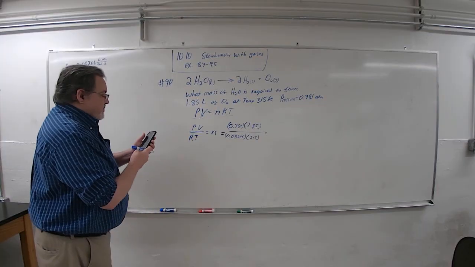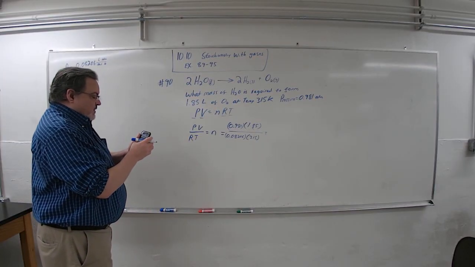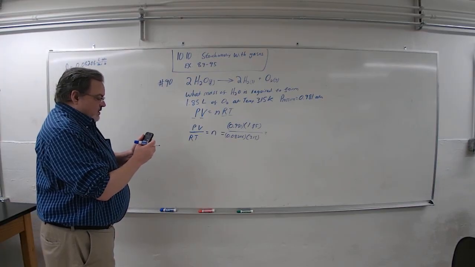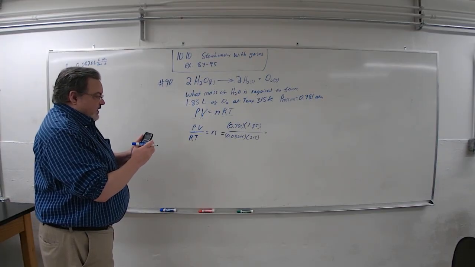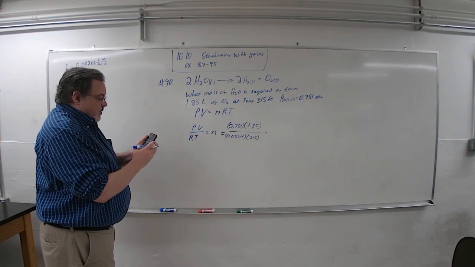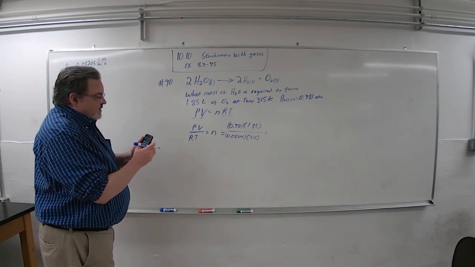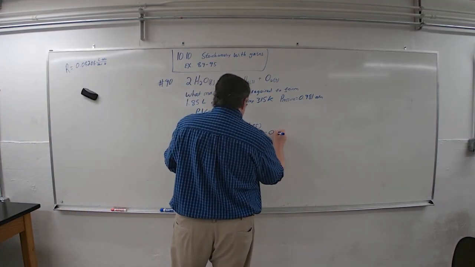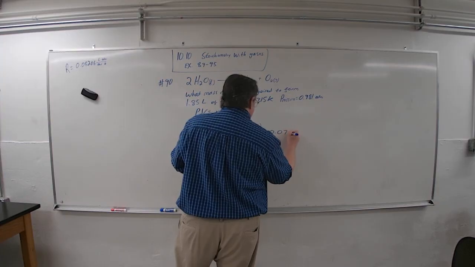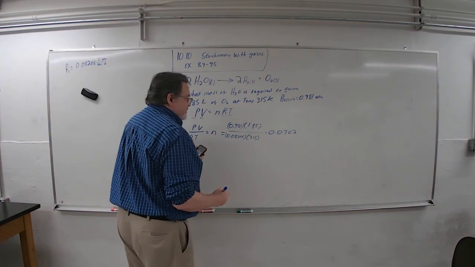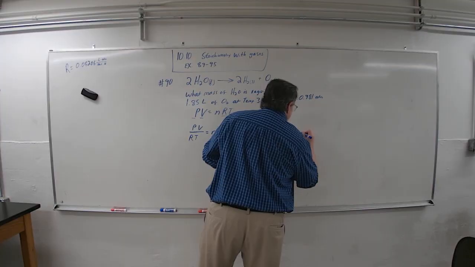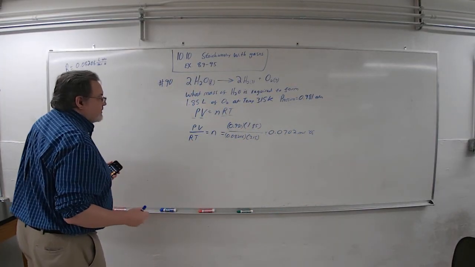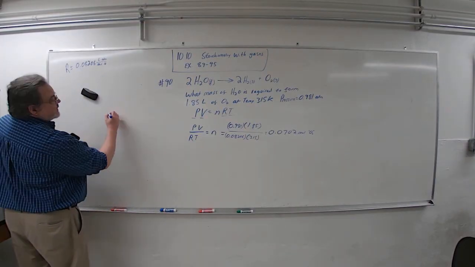So the number of moles of O2 would be 1.85 divided by 0.08206 divided by 315. To 3 significant figures, that's the moles of O2.